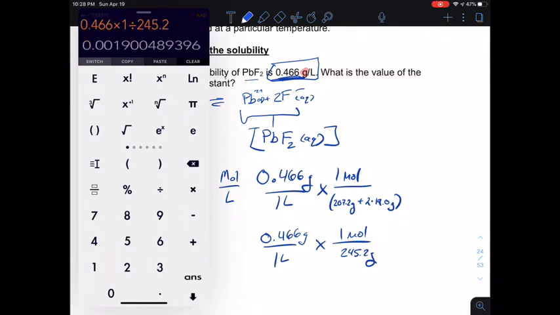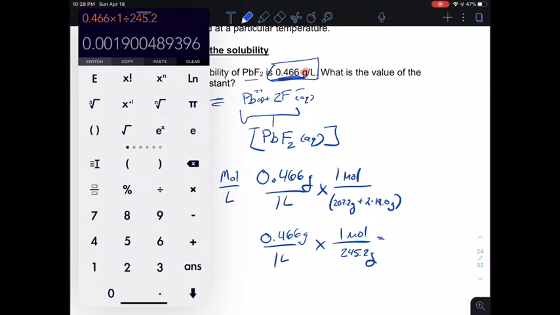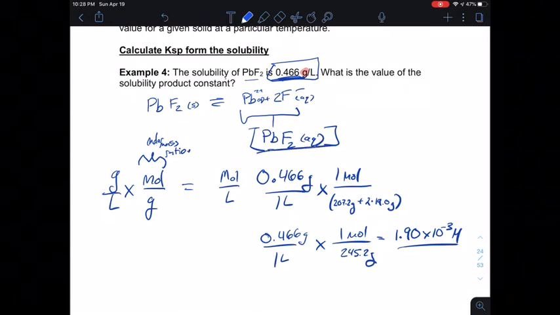Even better on a calculator that does fractions nicely. The value I get, in scientific notation, is 1.90 times 10 to the negative 3. And that's the molarity. Now, watch out, because that's the molarity of this compound, but notice that this compound has a 1 to 2 ratio for the fluorine.